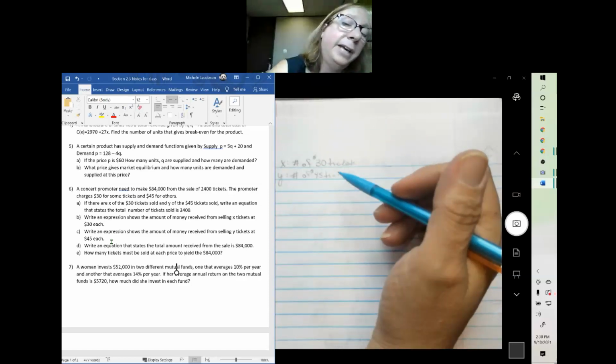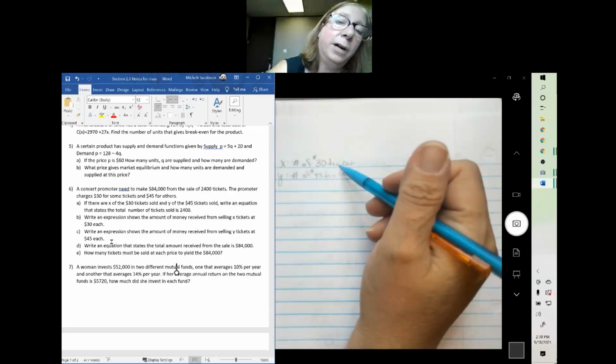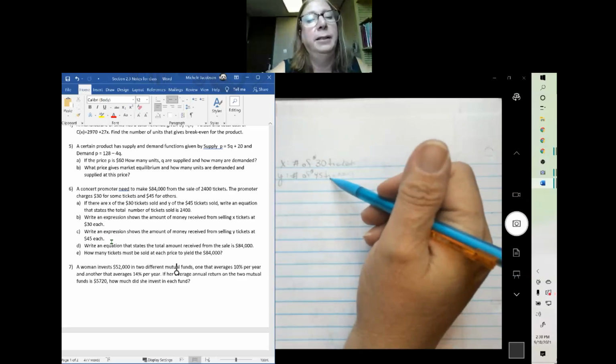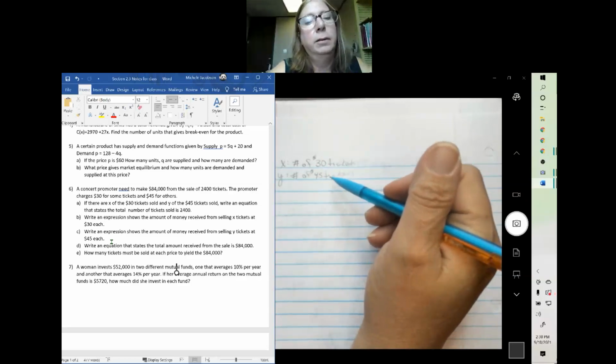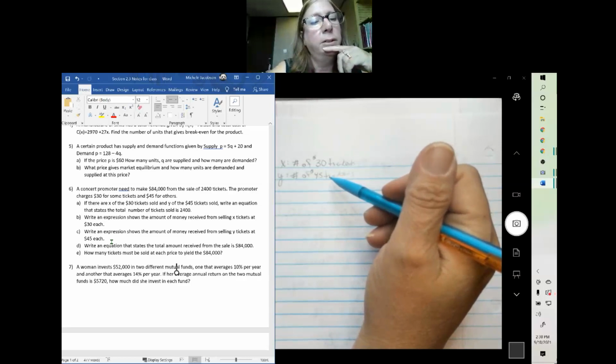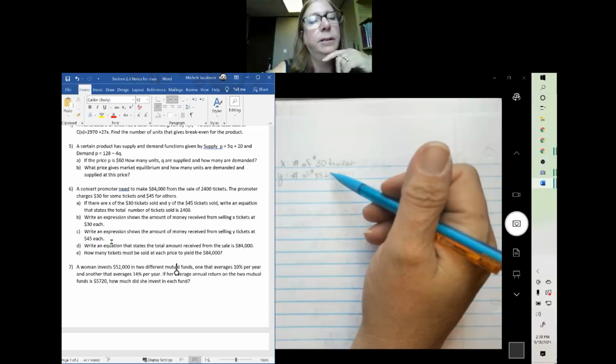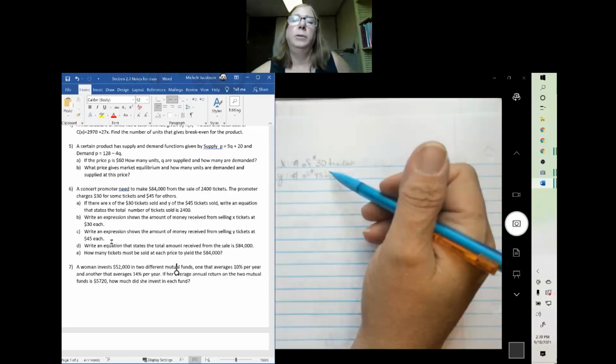They even told us in part A, if there's X of the $30 tickets and Y of the $45 tickets, write an equation that states the total number of tickets sold is 2,400.